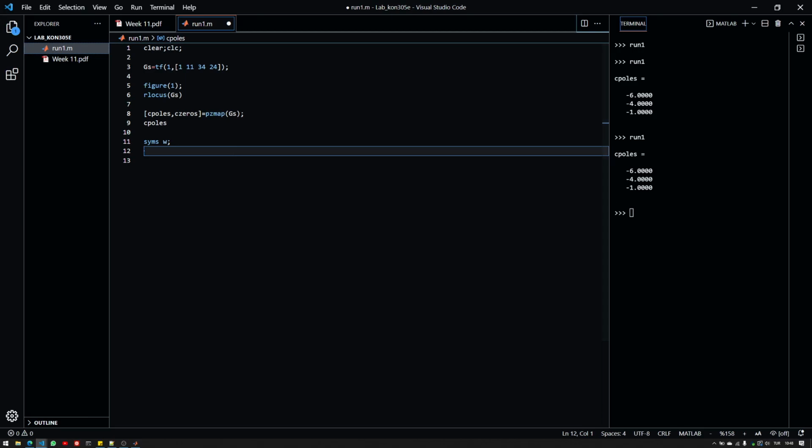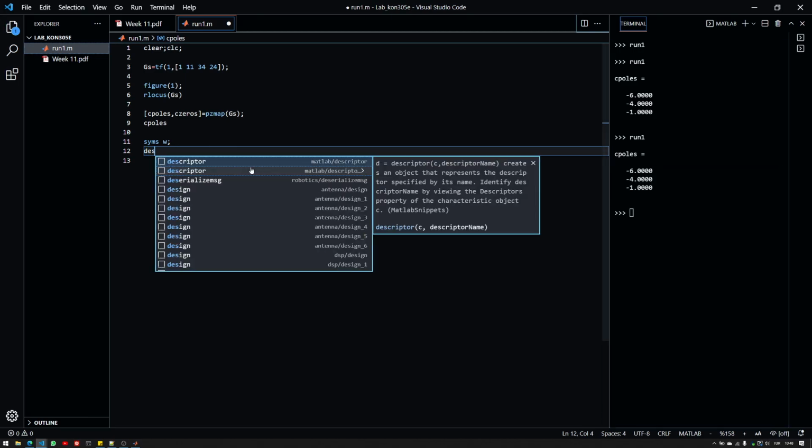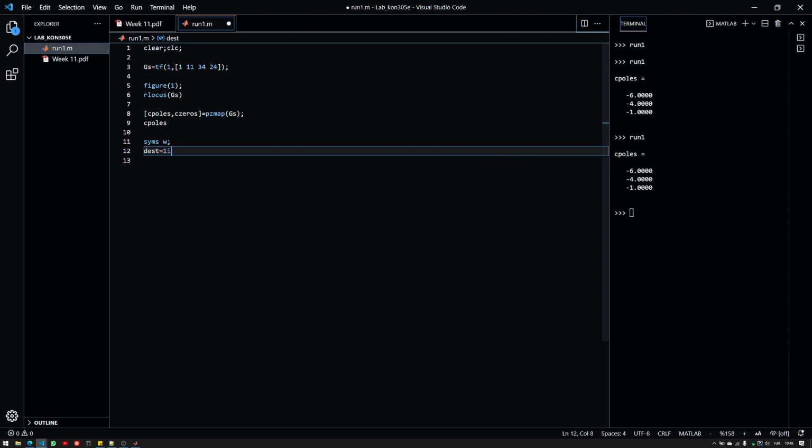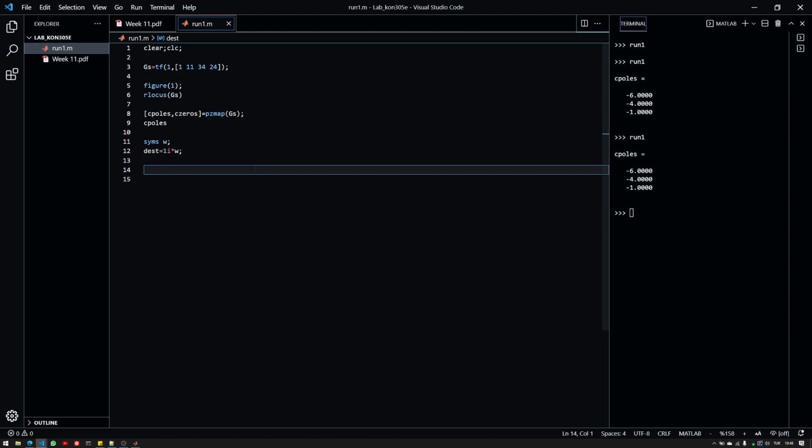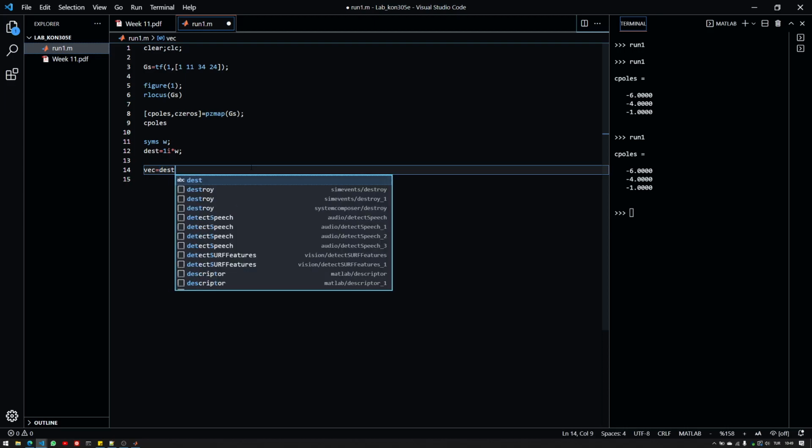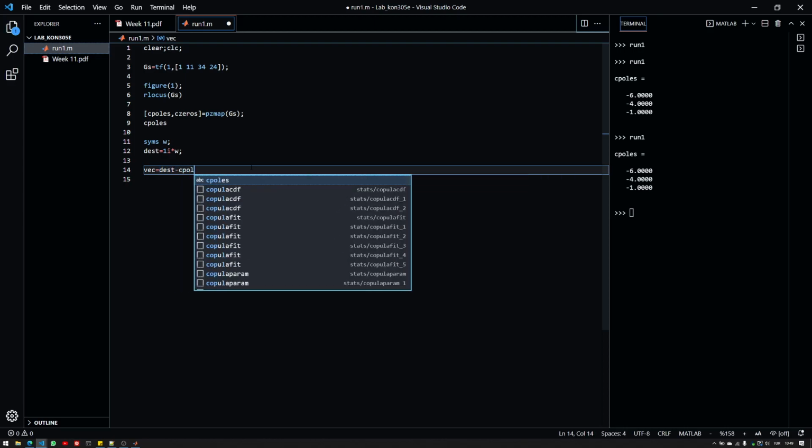Now, since these are practically complex numbers, and my destination point is 1i times omega, what I can hopefully do is I can take, for example, the distance to get the vectors. So let's say dest minus c poles.